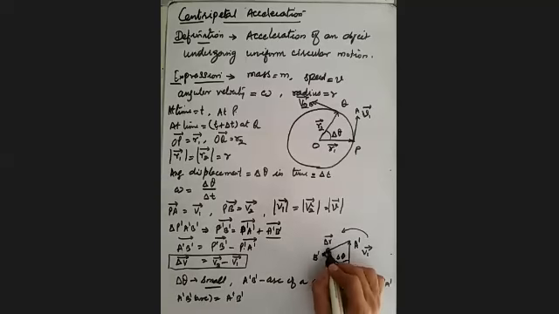So because this is small, we can consider this arc equal to this line A'B'.